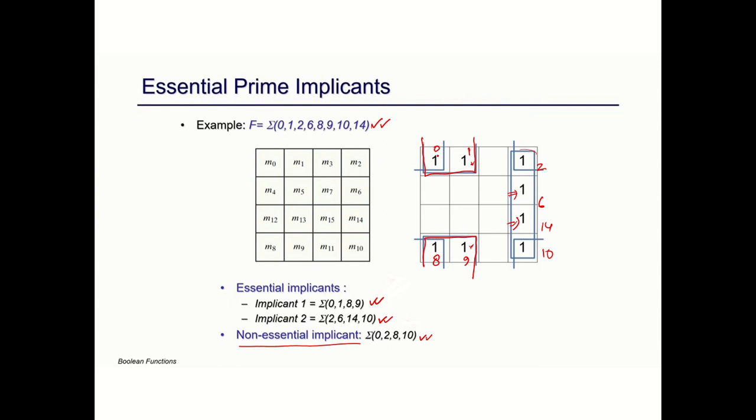If the minimum number is covered, and if we do it in some other way where all the onset positions can be covered, then those are the essential implicants. And some are redundant coverings, because we have already covered with this one, fine. So it is a non-essential implicant, fine.